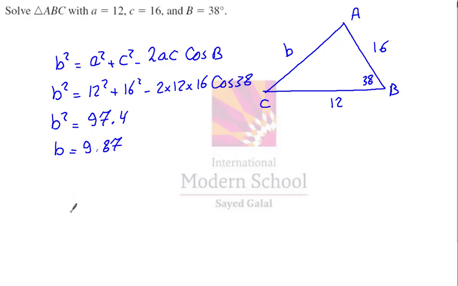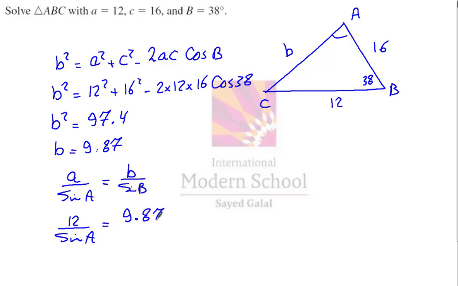We can use the sine law to find the measure of angle A or C. a over sine A equals b over sine B. So 12 over sine A equals 9.87 over sine 38.